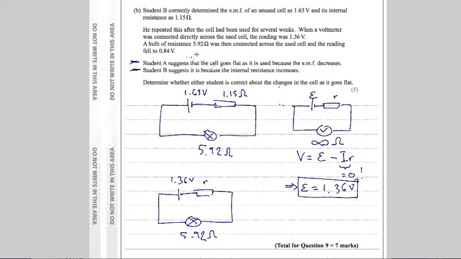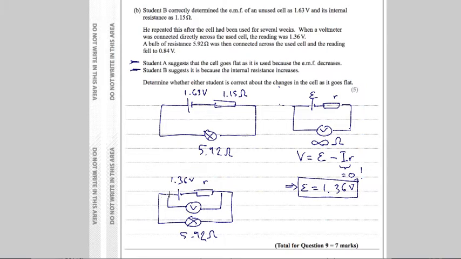And the bulb was then connected across the used cell, and the reading fell to 0.84 volts. So the voltmeter is still connected across the cell like this, and it measures 0.84 volts.